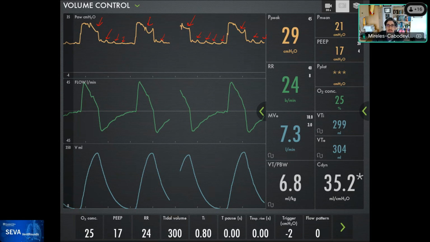All right, so we have Jorge with one hypothesis. One of the hypotheses was cardiac. Two for cardiac. Okay, keep going. Any other hypothesis for cause?